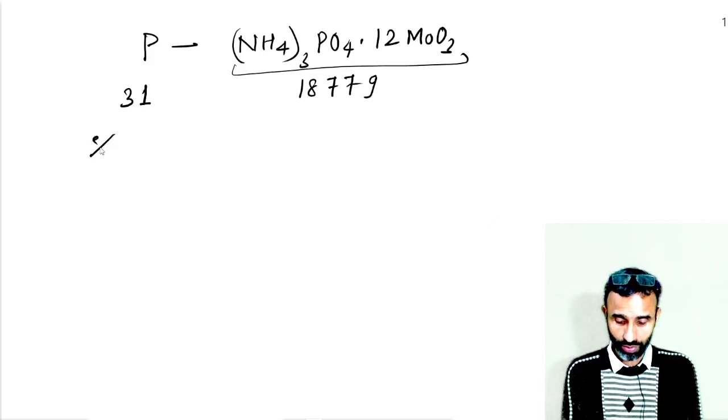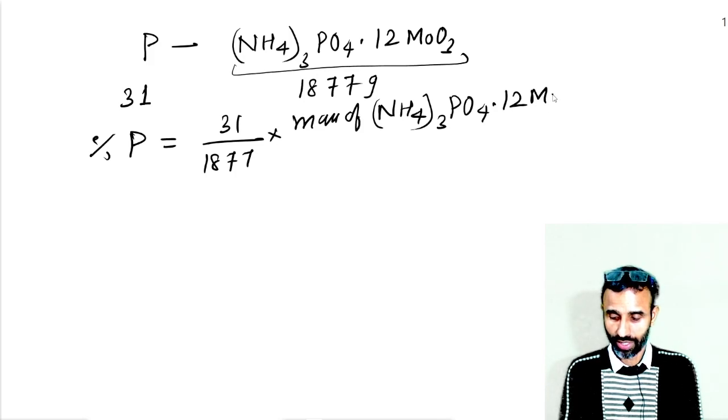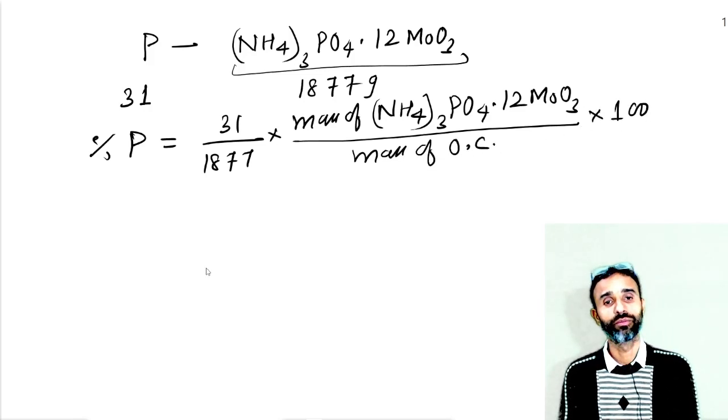So percentage of phosphorus is 31 by 1877 into mass of ammonium phosphomolybdate divided by mass of organic compound into 100.